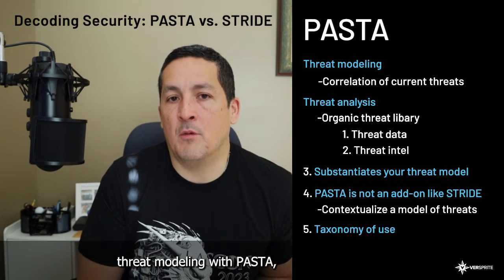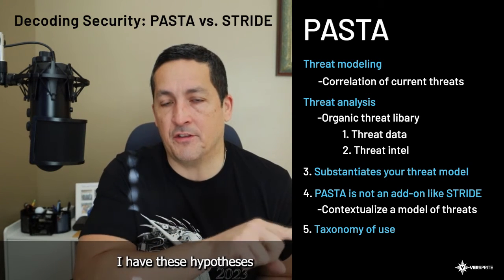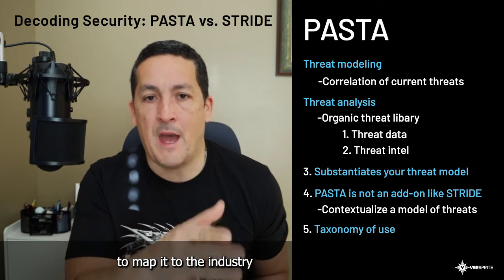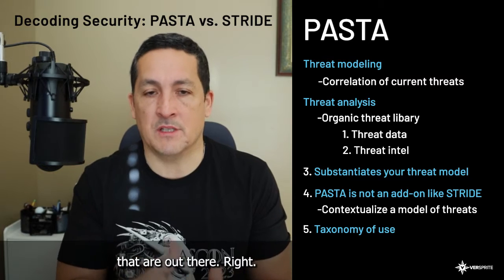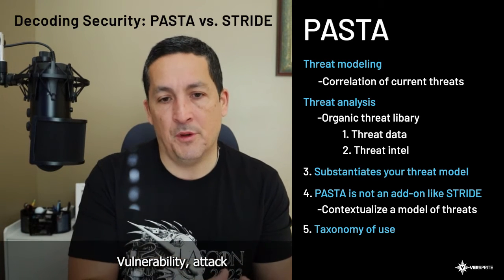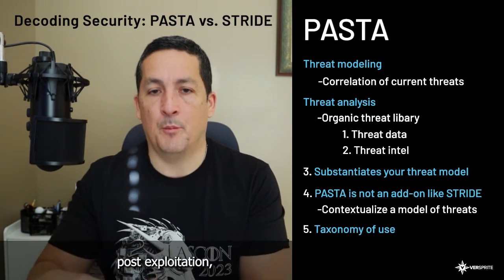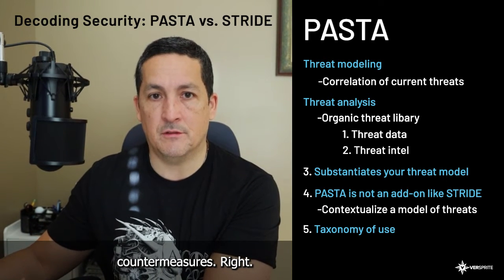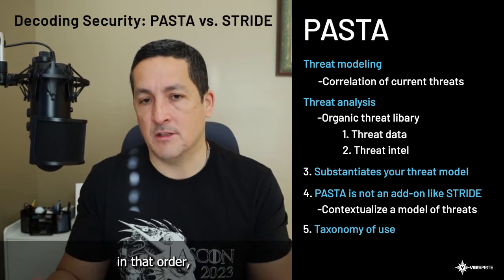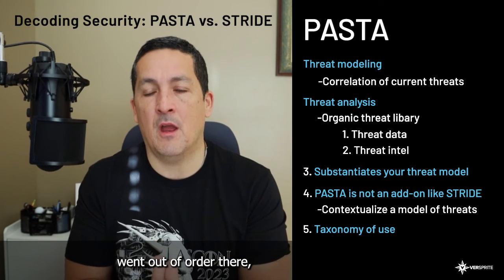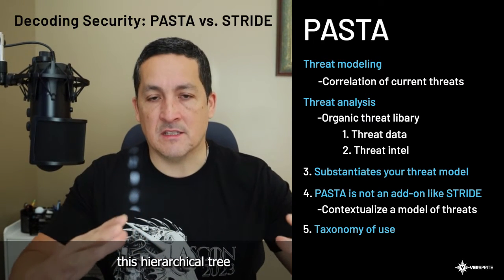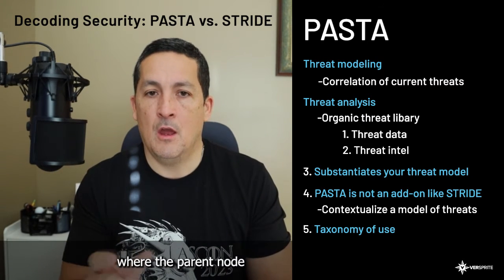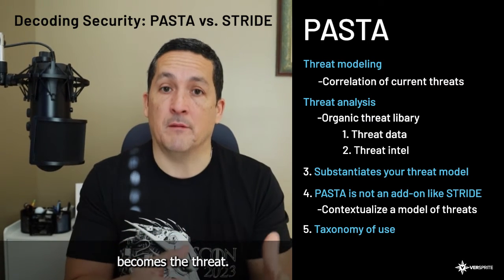So in threat modeling with PASTA, I have these hypotheses on threats, or threat assertions, and I want to map them to the industry taxonomies that are out there: vulnerabilities, attack patterns, post-exploitation attack patterns, countermeasures, weaknesses, not necessarily in that order. It provides this hierarchical tree representation, called an attack tree, where the parent node becomes the threat.